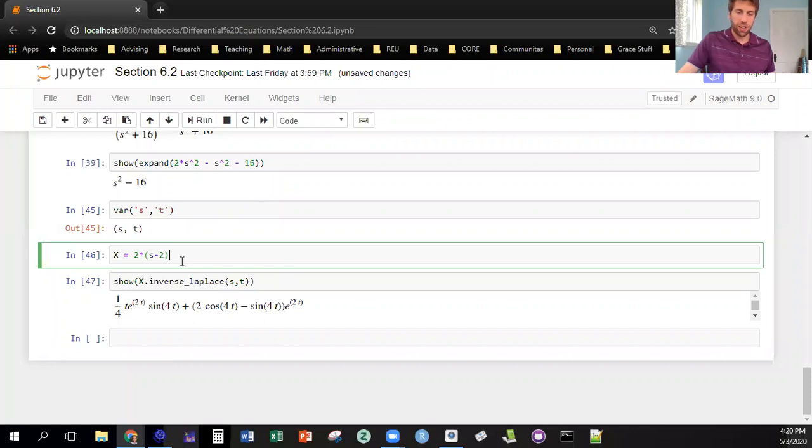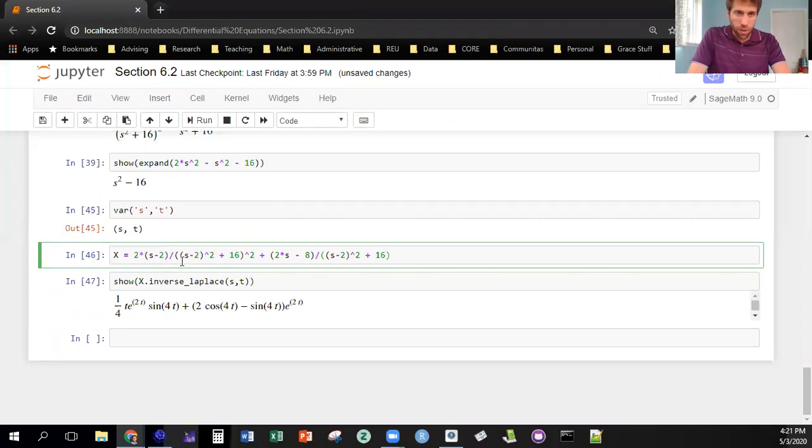So x is 2 times s minus 2 divided by s minus 2 squared plus 16, and then that quantity squared, and then plus 2 times s minus 8 divided by s minus 2 squared plus 16.